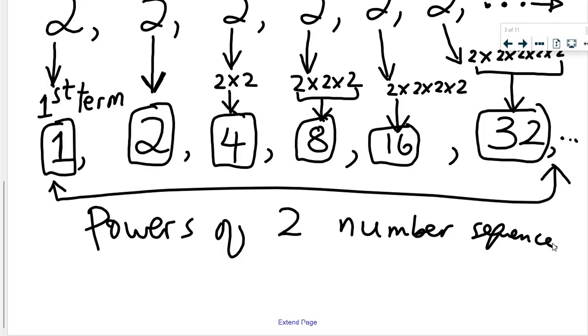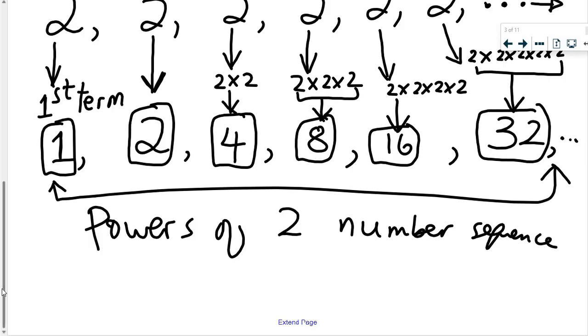So when they ask you, what is the first term in the powers of 2 number sequence? The first term is 1, the second term is 2, then 4, 8, 16, 32, and so on.